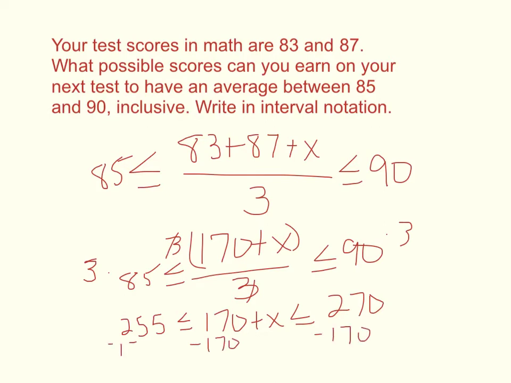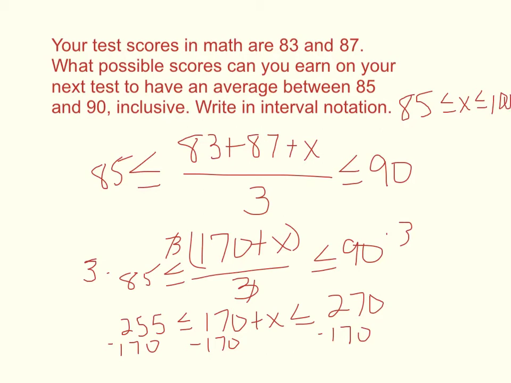I'm running out of room, so I'm going to go up here. So this is 85 for x, and then 270 minus 170 is 100. So my test scores need to be between 85 and 100.